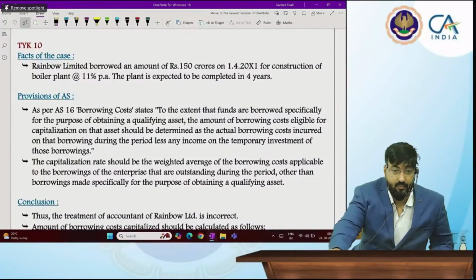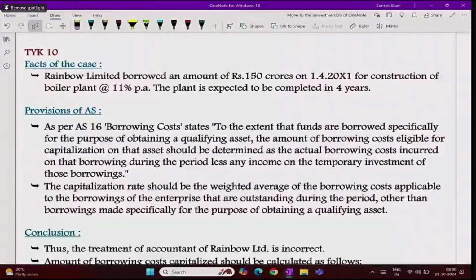Facts of the case. Rainbow Limited borrowed an amount of rupees 150 crores on 1 April 2001 for construction of a boiler plant at the rate of 11% per annum. The plant is expected to be completed in 4 years. Provisions as per AS 16 Borrowing Costs state that, to the extent that funds are borrowed specifically for the purpose of obtaining a qualifying asset, the amount of borrowing costs eligible for capitalization on that asset should be determined as the actual borrowing cost incurred on that borrowing during the period less any income on the temporary investment of those borrowings.